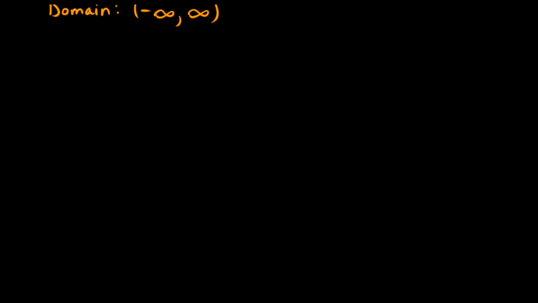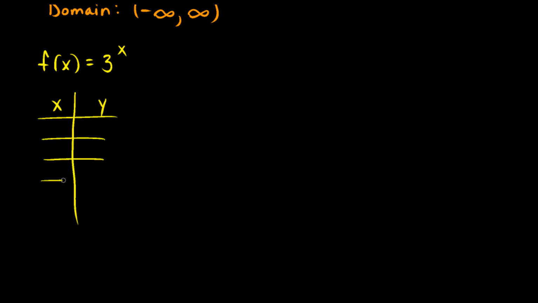Let's look at a specific example of an exponential function. Let's say we had f of x equals 3 to the x power. In order to get some points, we can create a quick xy table where we go from negative 2 up to 2.